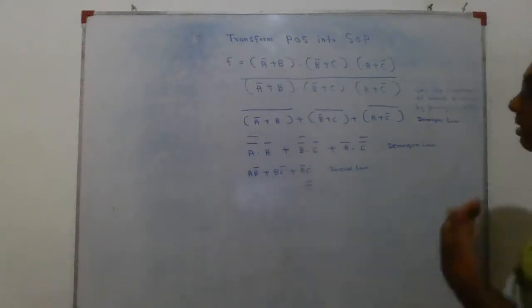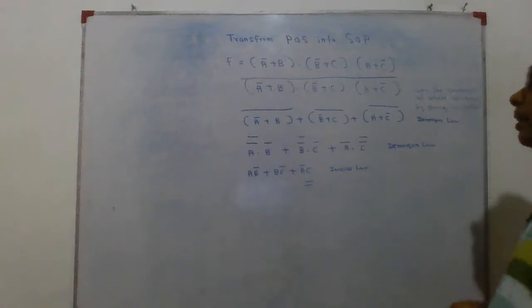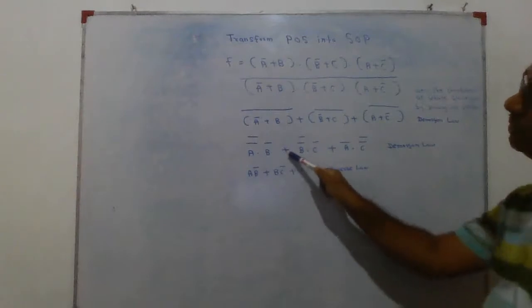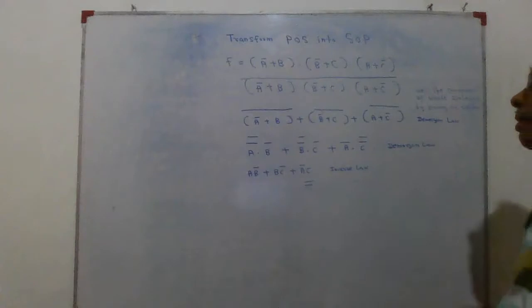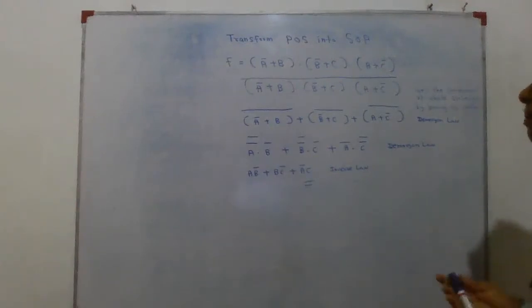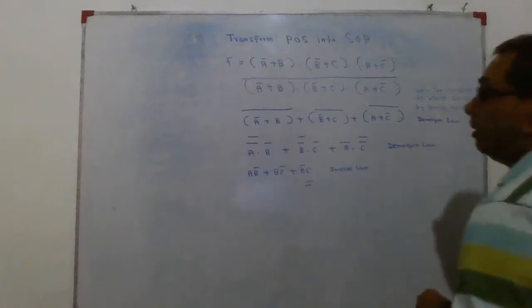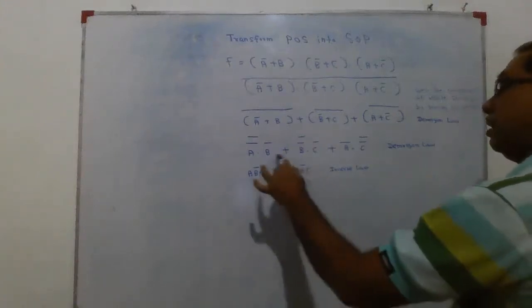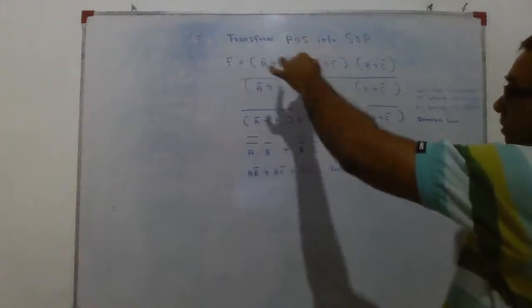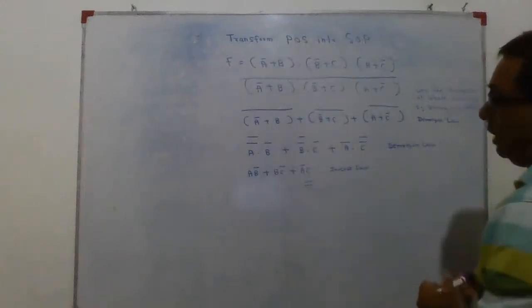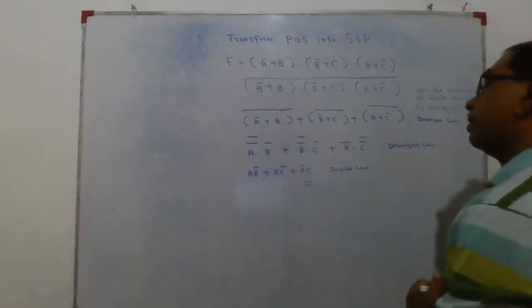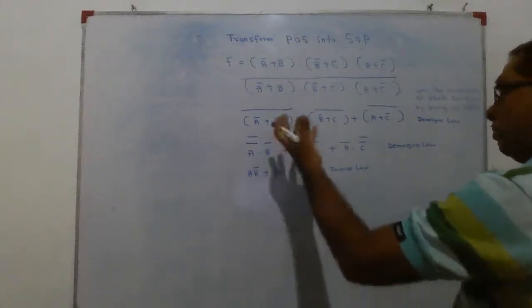So we have already got the POS statement of the given SOP equation, and now we could get back the previous statement again. So POS, product of sum statement has been converted into SOP again.